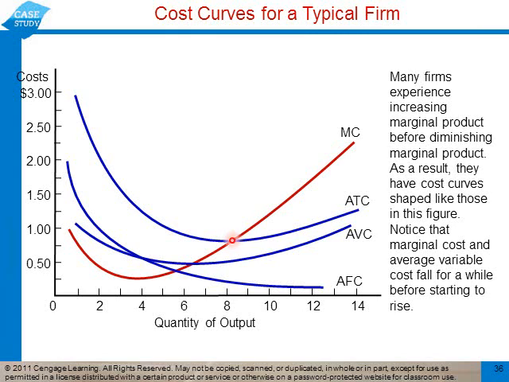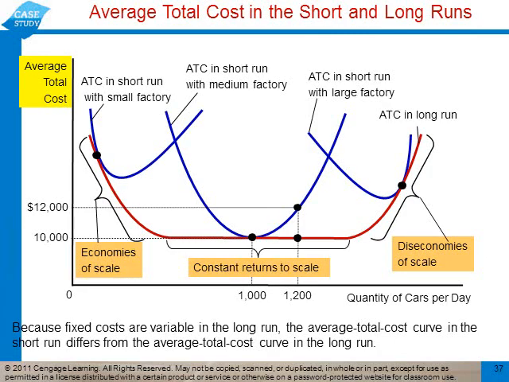This is the lowest point of the average total cost. This is the lowest point of the average variable cost. In the case of the average fixed cost, you don't have any lowest point because it continues going down. So these are all the curves, and these are the shapes of these curves.